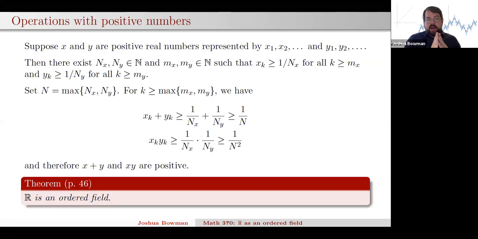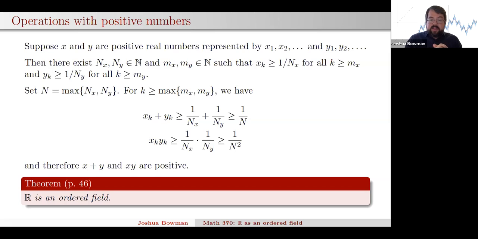Then if we go past the point where both the sequence for x and the sequence for y were this definite amount away from 0, then we can say that adding x sub k plus y sub k is going to be, we know that we're far enough out in both sequences that that's going to be greater than 1 over n sub x plus 1 over n sub y. And both of those terms are larger than 1 over n, so their sum is going to be larger than 1 over n. Okay, so if you add two things larger than 1 over n, then the result also has to be larger than 1 over n.